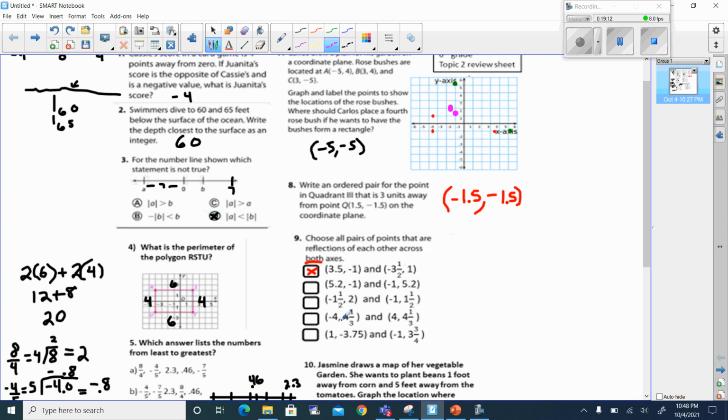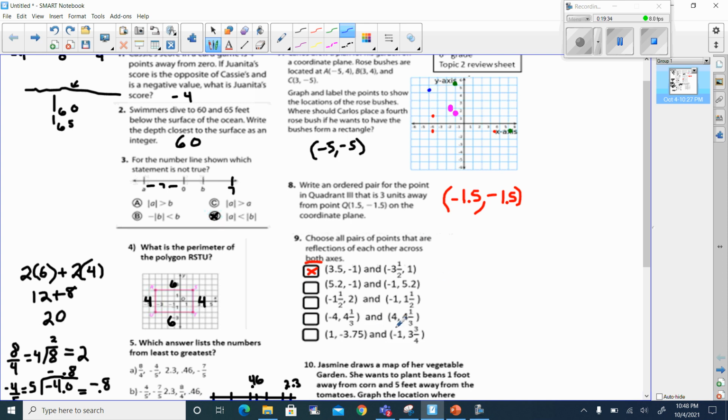Let's try this one. -4 and 4 1/3. Well, -4, let's go to a different color again. -4, 1, 2, 3, 4. -4 and 4 1/3. And 4 1/3 would be 1, 2, 3, 4 and 1/3.